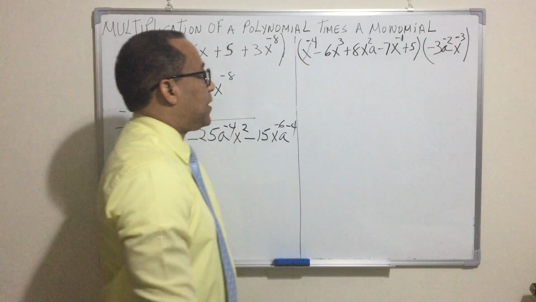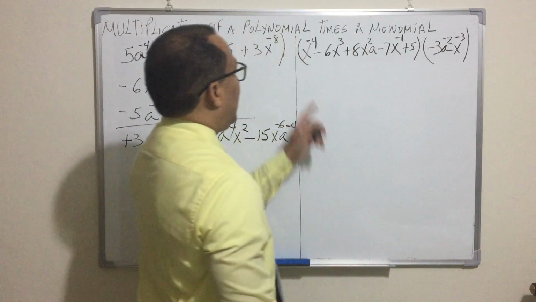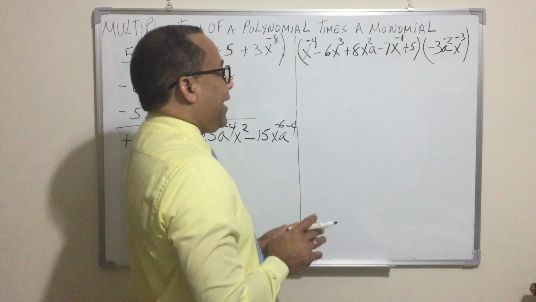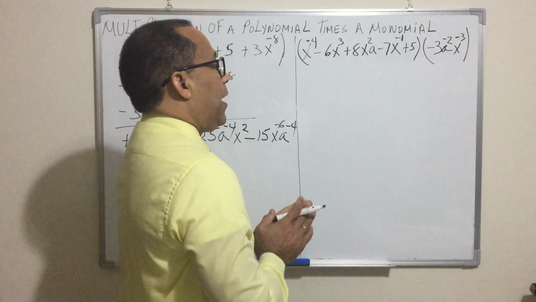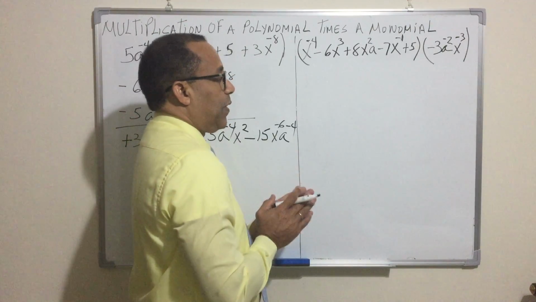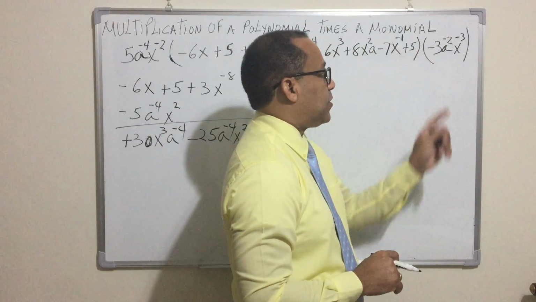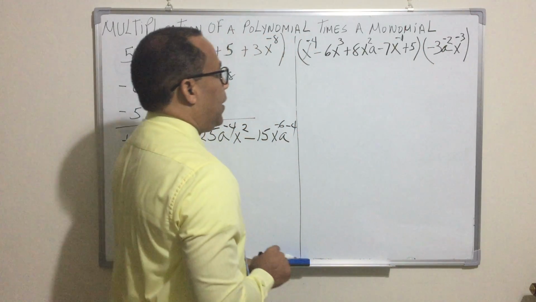Our second exercise multiplies x to the negative 4 minus 6x to the third plus 8x to the second a minus 7x to the negative 1 plus 5 times negative 3a to the negative 2, x to the negative 3.